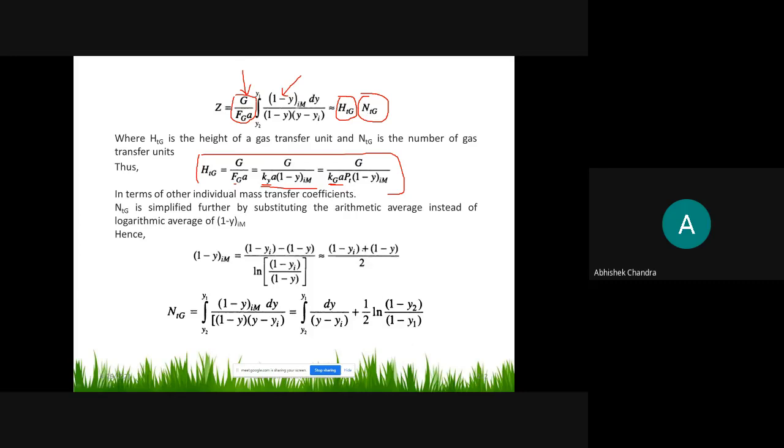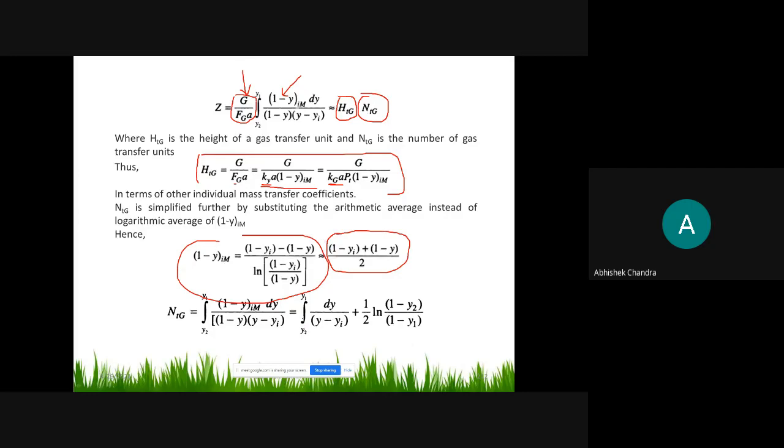This can be replaced by the arithmetic average if the composition change is very small. The logarithmic average is used when the change in composition is significant; otherwise we can use the arithmetic average. So you can replace this with the help of the arithmetic average in this expression.